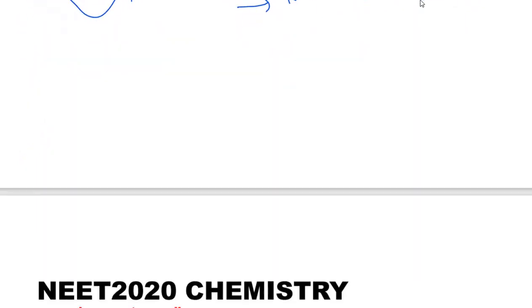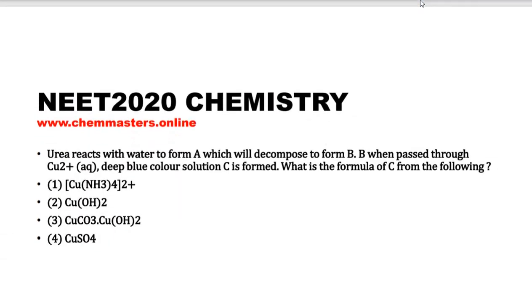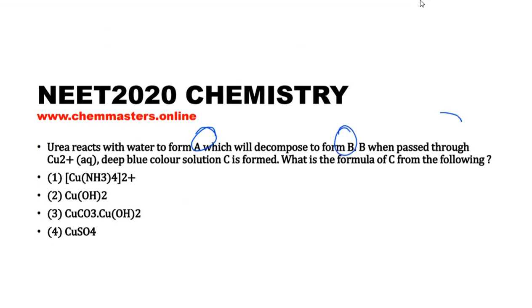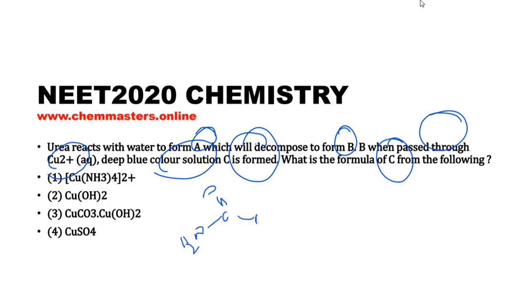Okay, next one. Urea reacts with water to form A, which will decompose to form B. B when passed through Cu2+ aqueous solution, a deep blue color solution C is formed. What is the formula of C from the following? Now here just try to draw the reaction. This is urea. So what is it saying here?